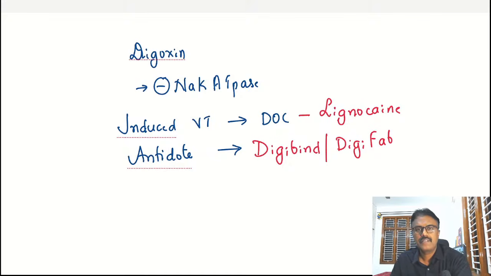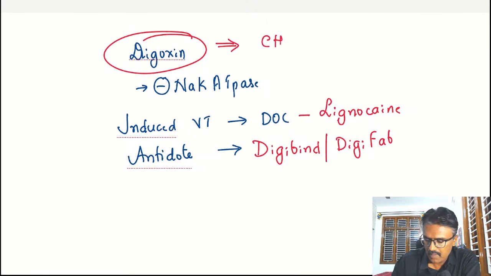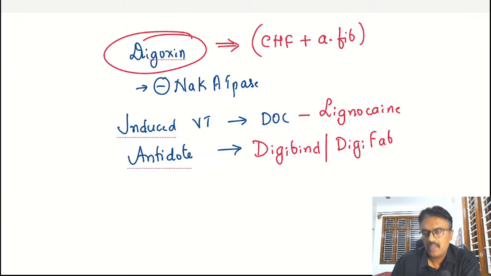So these are the things. Digoxin, please understand, increases the force of contraction, but digoxin will not decrease mortality. So nowadays, where is the use of digoxin? Suppose somebody is having heart failure and also atrial fibrillation, both, then we use digoxin. Yes, most of you know it, very good.